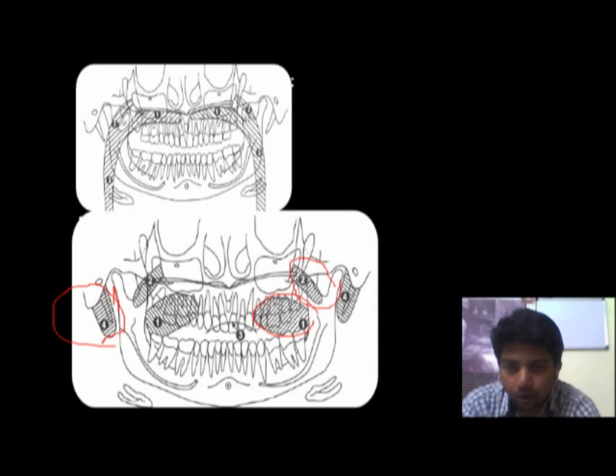Not only the soft tissues, we can also see the air shadows. Here this is the oropharyngeal airway, oropharynx, nasopharynx. If the tongue is not positioned properly, we may see an air shadow between the tongue and palate in this region.